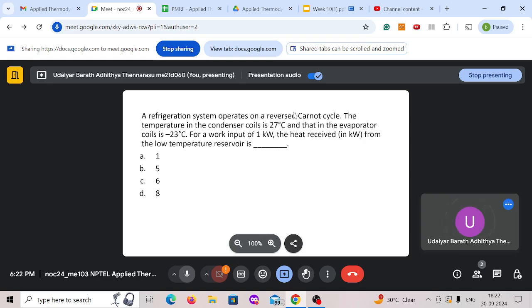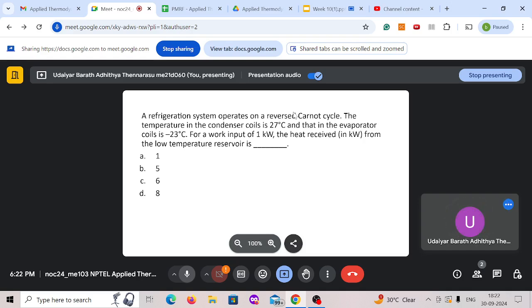In terms of COP, the COP of a heat pump will always be greater than 1. If you do an energy balance, the work which you are giving in the compressor and the heat which you are picking up in the evaporator both have to be rejected in the condenser.